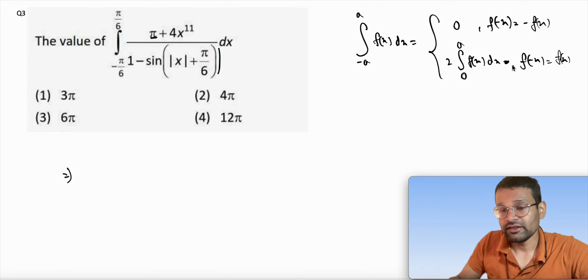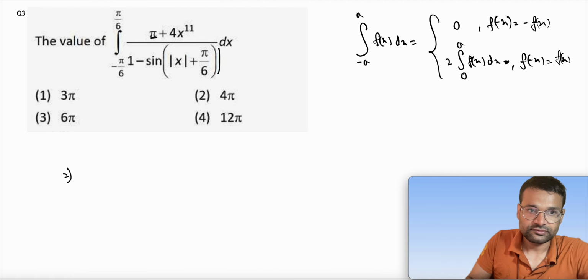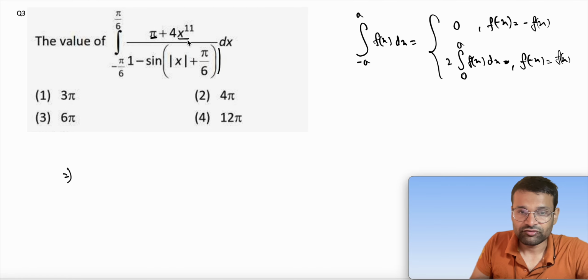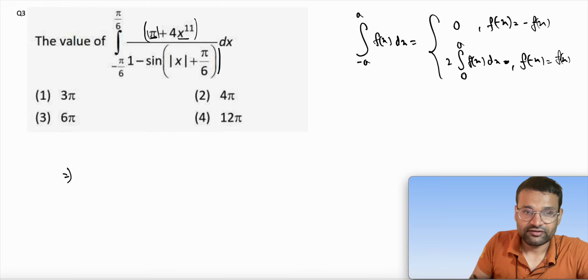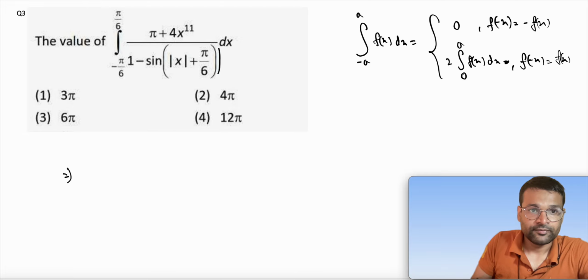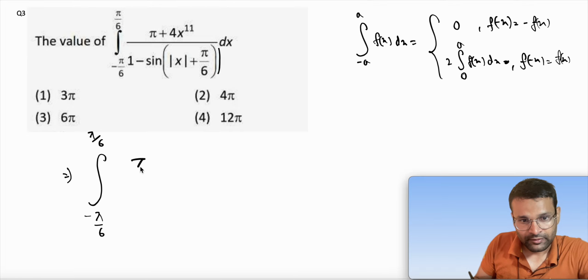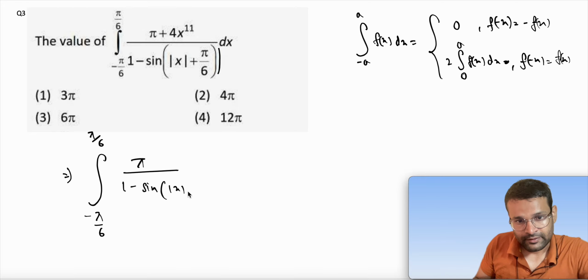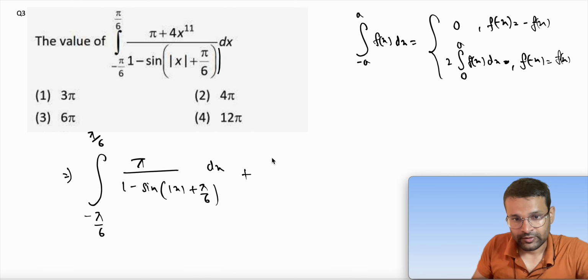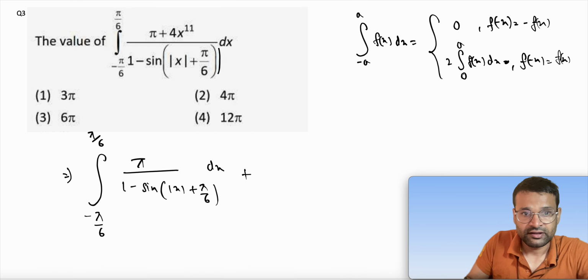So we use this fact for solving this question, because I see that here is x to the power 11, so this is the odd function when we partially divide it, and this part is the even function. That's why we do it like this. Now let me show you. We rewrite this question from minus pi by 6 to pi by 6 of pi upon 1 minus sine of mod x plus pi by 6 into dx, plus this part, here is the mod.